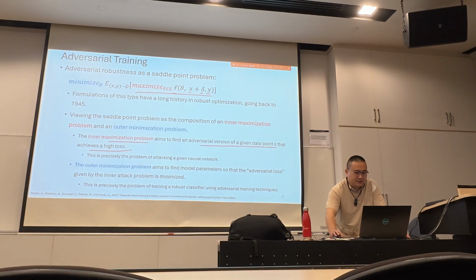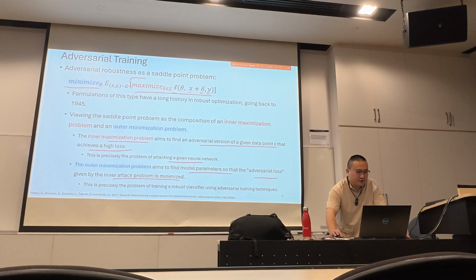So this is the way we attack a deep neural network. And then for the outer minimization, this minimization problem aims to find the model parameters that are robust against the attacks. So the adversarial loss given by the inner attack is minimized.